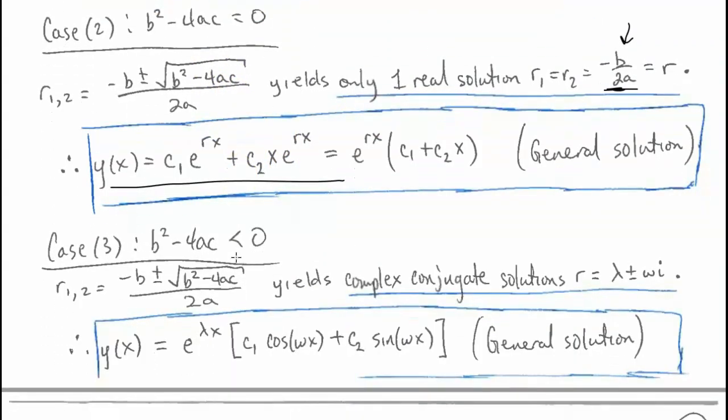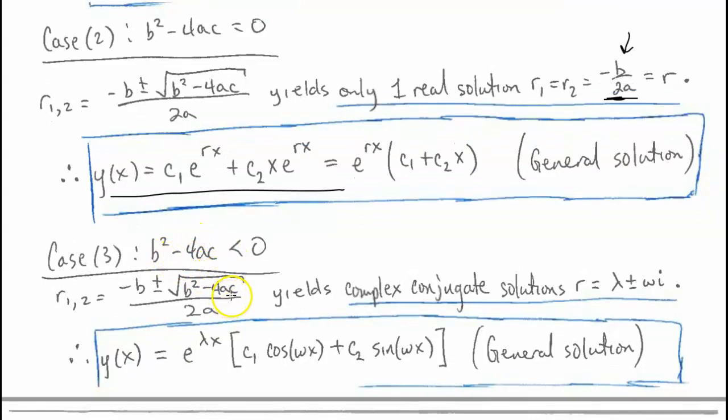And then, of course, for case 3, we had the complex conjugates. In general, we had the solution y equals e raised to lambda plus or minus omega i. But we knew here that having it in complex form wasn't real advantageous for us.